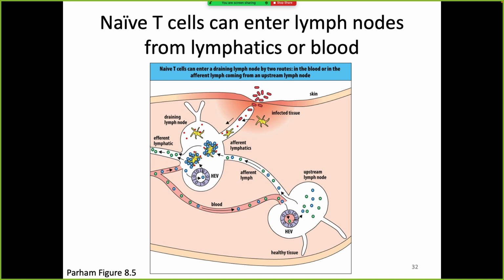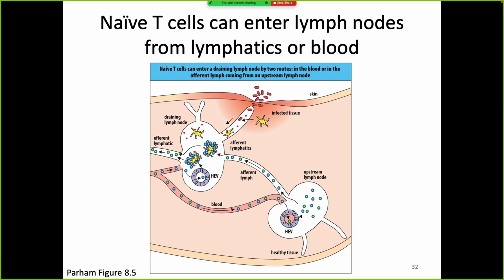Naive T cells, so T cells that have just left the thymus, are trying desperately to find their antigen. And we, as the organism, kind of hope they don't, because we don't really want to have a pathogen. But those T cells are trying desperately to find their antigen. The place where they're going to be looking is the lymph node.